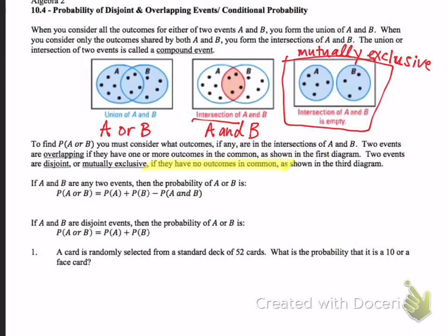So this formula right here, you will be given this formula. It's not something that you have to memorize, but we'll be using it a lot.